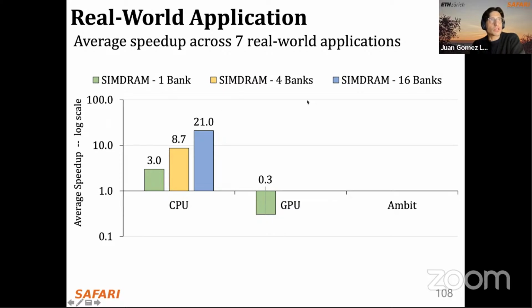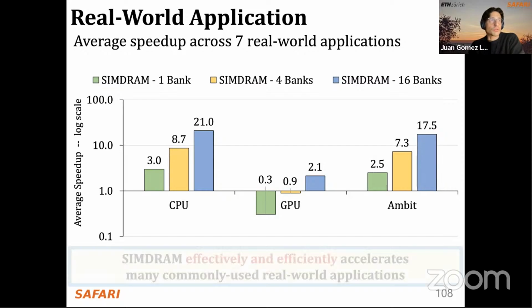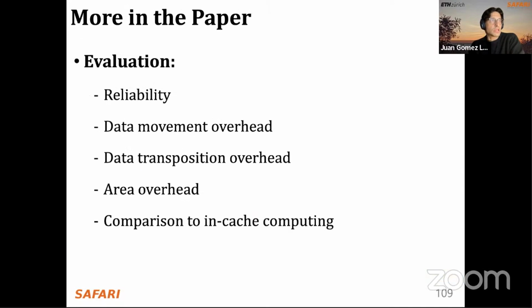Here you see the comparison with respect to CPU for the 7 real-world applications. This is the comparison to the GPU for the 7 applications, and this is the comparison to Ambit. So also very nice and promising results with respect to the 3 baselines.